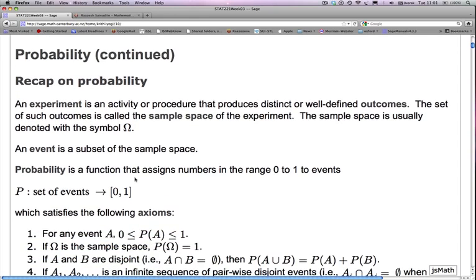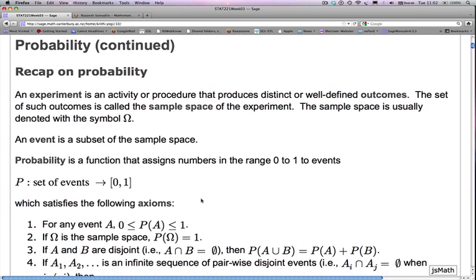An event is nothing but a subset of the sample space, and probability is just a function that assigns numbers in the unit interval of real numbers between 0 and 1 to events. So in other words, probability is just a function that goes from the set of events to the unit interval.